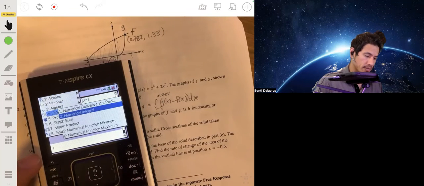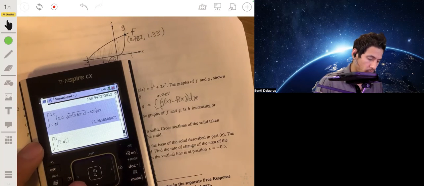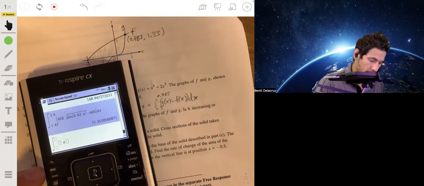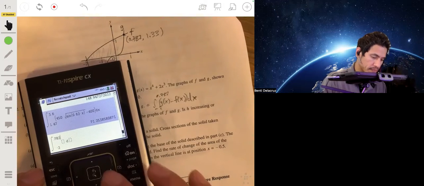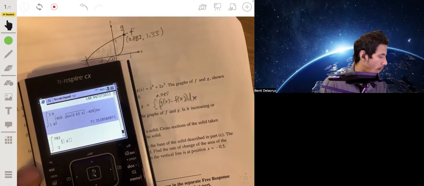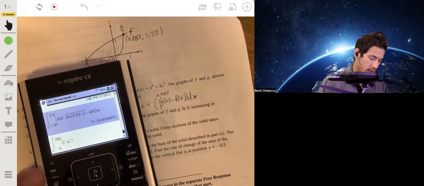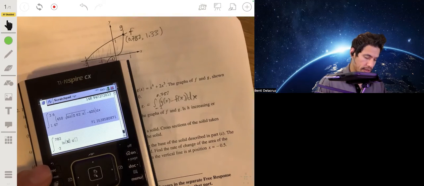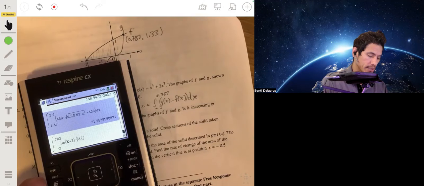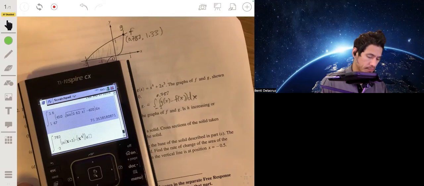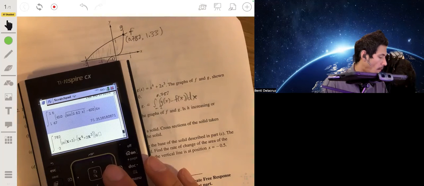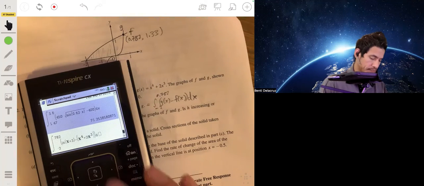Calculus, numerical integral from -2 to 0.782. We'll have the natural log of x plus 3 minus x to the fourth plus 2x to the third, dx.